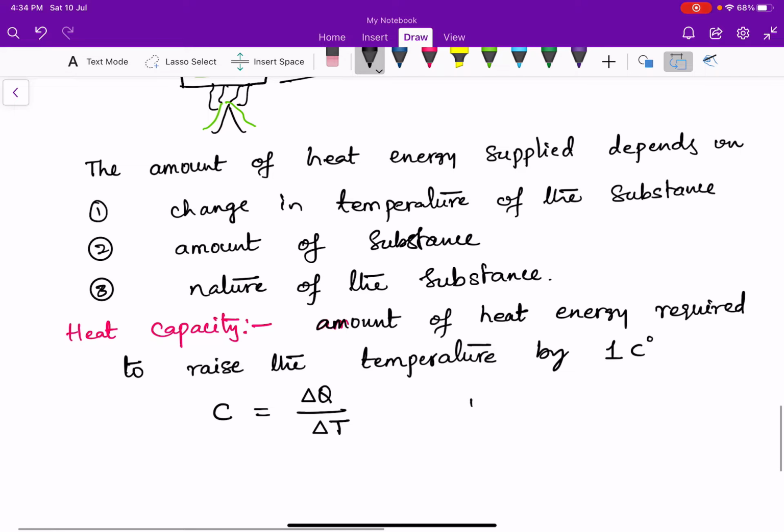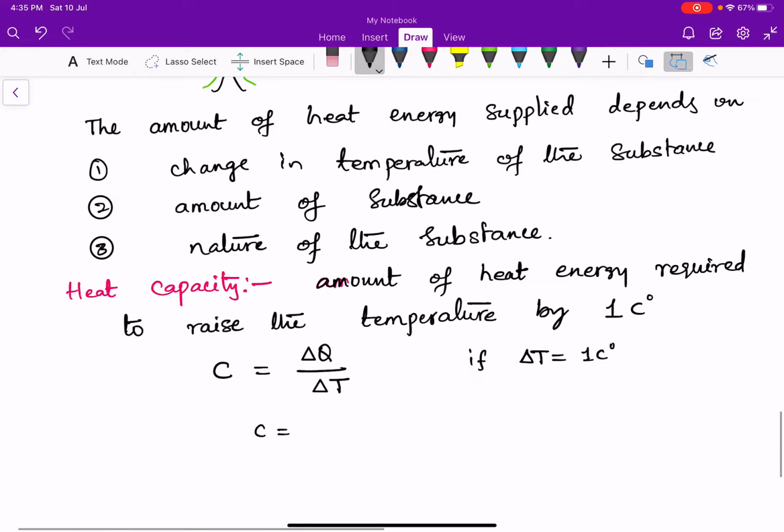No need to learn this definition by heart. If delta T equal to 1 Celsius degree, then C is equal to delta Q by 1.